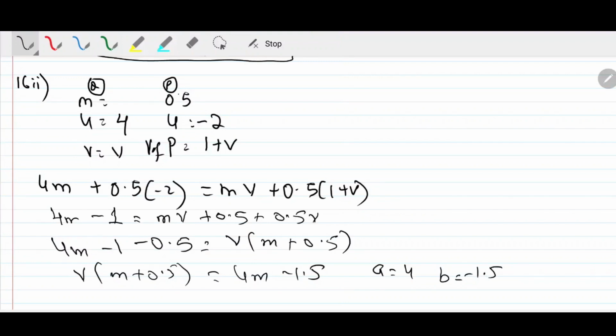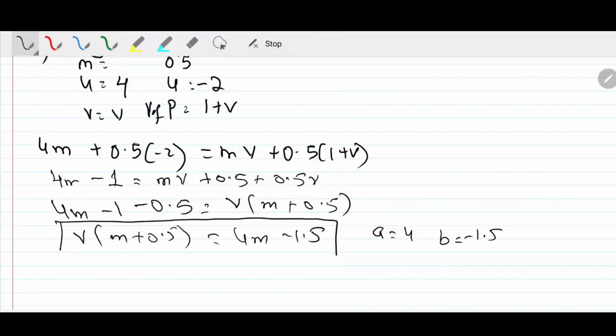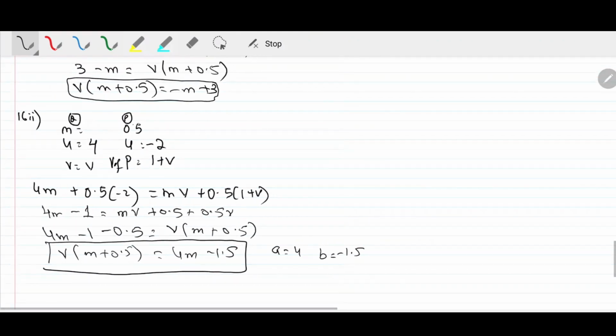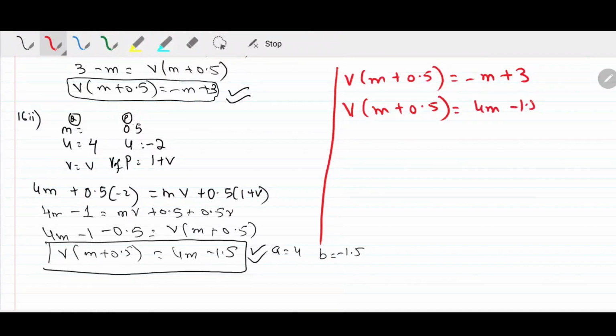The next part is, by solving these two equations simultaneously, show that m is 0.9. So you have to solve this equation and this equation simultaneously. So this will be v m plus 0.5 is minus m plus 3, v m plus 0.5 is 4m minus 1.5. Let's subtract the two equations.